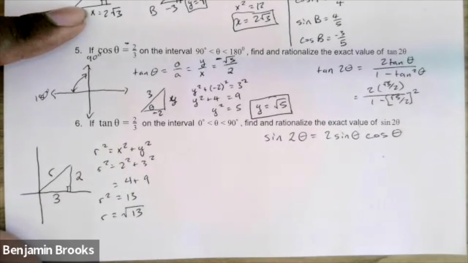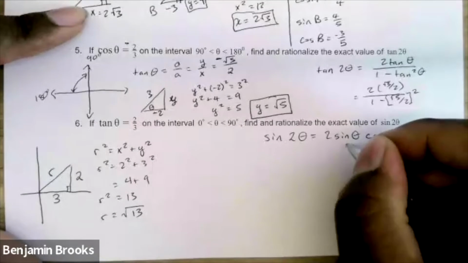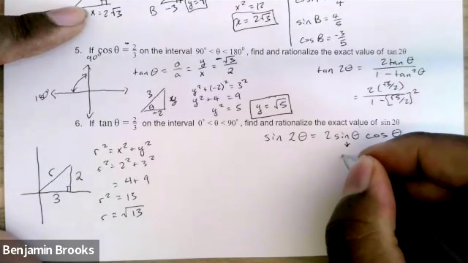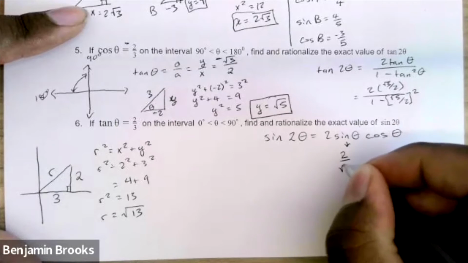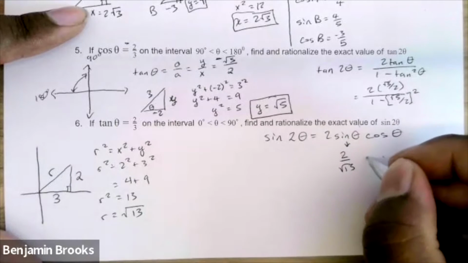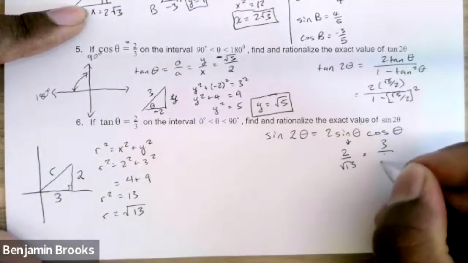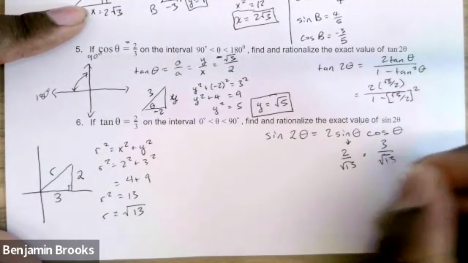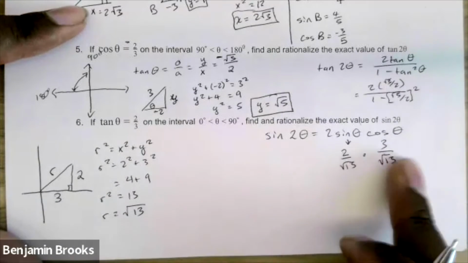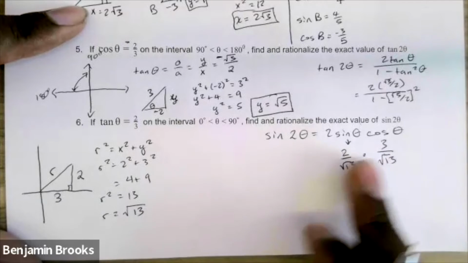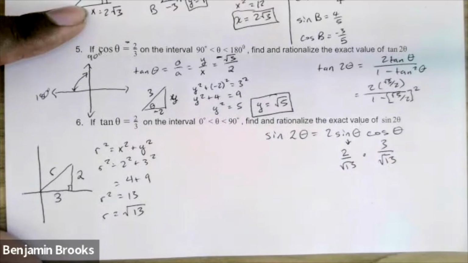And so now what we can say is sine theta is going to be 2 over root 13, and cosine theta is 3 over root 13. And honestly, for this problem, you don't even need to worry about rationalizing the denominators because you're going to eventually multiply them together anyway.